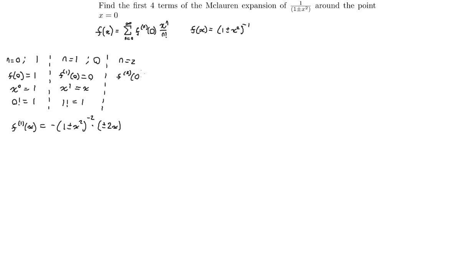Okay, so again, we need to take the derivative of f, the second derivative of f of x. Now we're going to have to use the product rule, right? So we'll take the derivative of the first, which will be 2(1 + (-x^2))^(-3), and then times plus negative 2x. But we'll also have this other factor that stays with it.